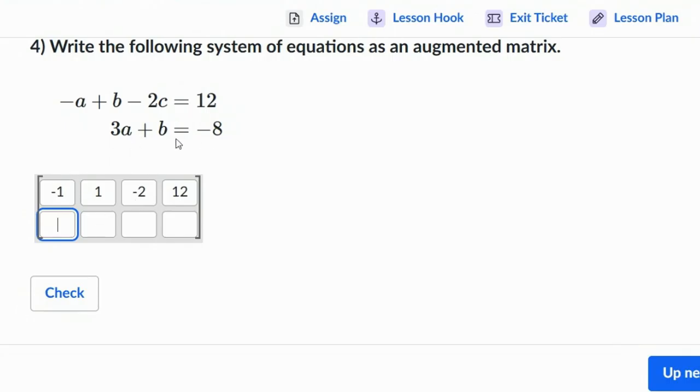We have to put these in the same order. So since A was -1 in the first row, we have an A here that's a 3. B was 1, and we have a B here also. It's 1. C was -2. How many C's do we have here? We don't have any C's. We have 0 C's. And then we have -8.